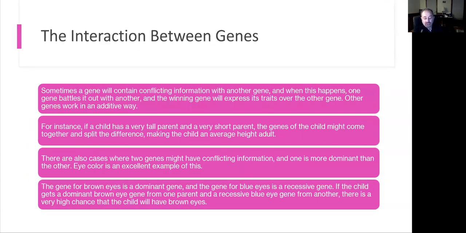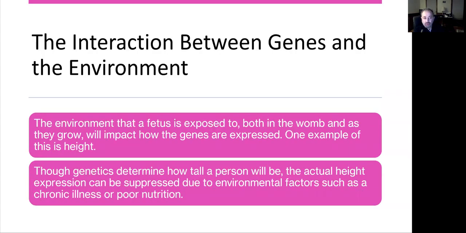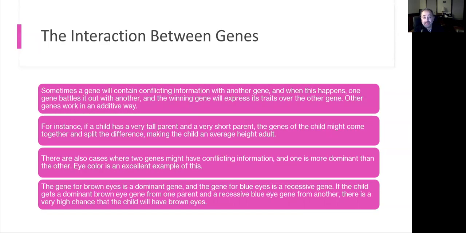So we looked at the interaction between the genes and the environment. But now we look at the interaction between the genes. Sometimes a gene will contain conflicting information with another gene. When this happens, one gene battles it out with another, and the winning gene will express its traits over the other gene.